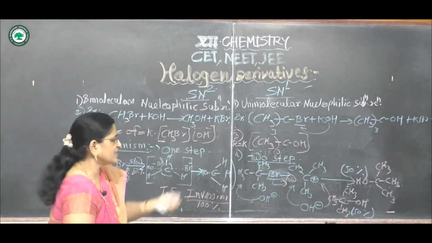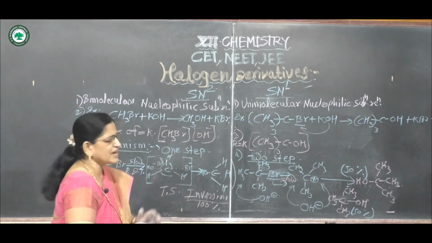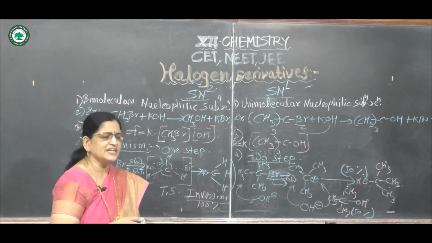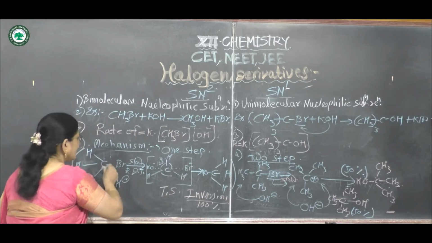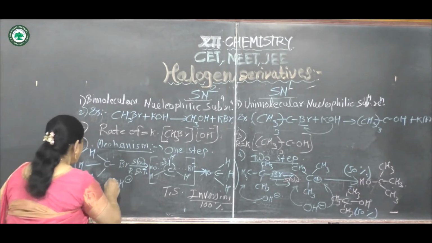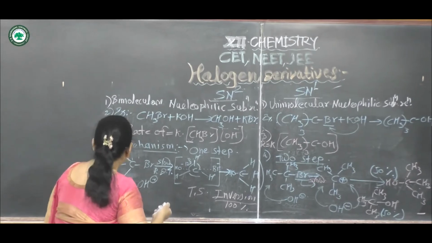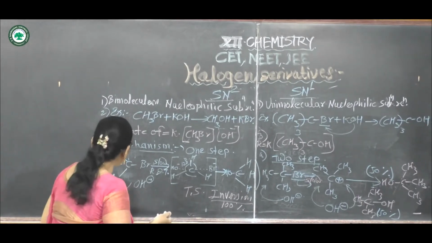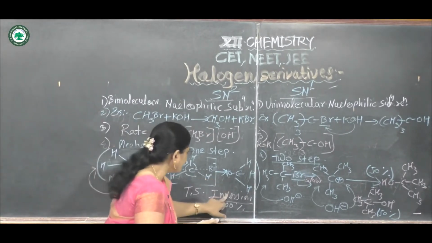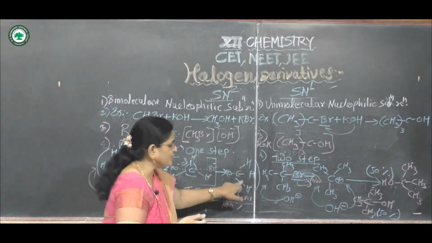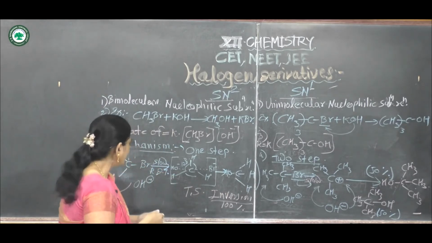That is, this gives a racemic mixture, or racemization, 50% inverted product and 50% retained product. But in the SN2 reaction mechanism, the OH minus ion attacks only from the backside, hence it gives 100% inverted product.